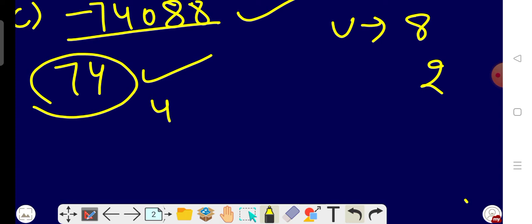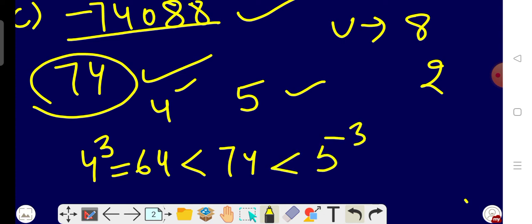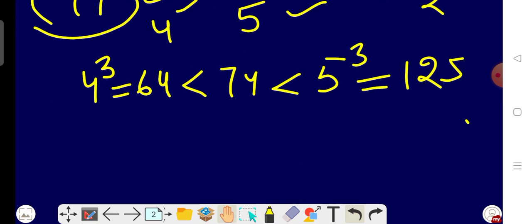So 4 and 5 are the numbers such that 74 lies between their cubes. 4 cubed is 64, which is less than 74, and 5 cubed is 125, which is greater than 74. So we have to choose the smaller number. 4 is the smaller number between 4 and 5.